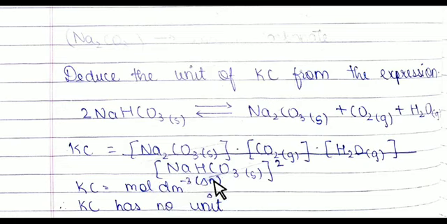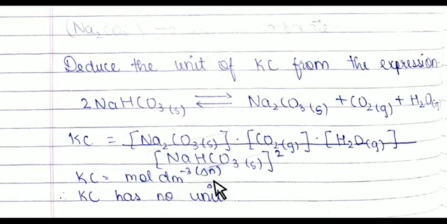Delta n means, always remember student, the number of moles of gaseous product minus the number of moles of gaseous reactant. Now just observe this, it is in the solid form, so no use.